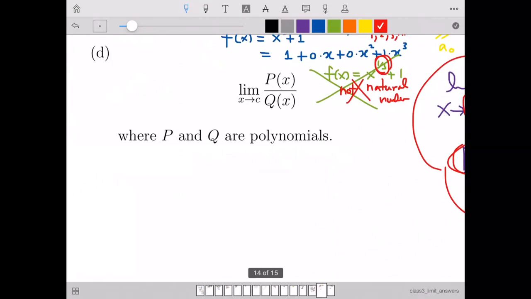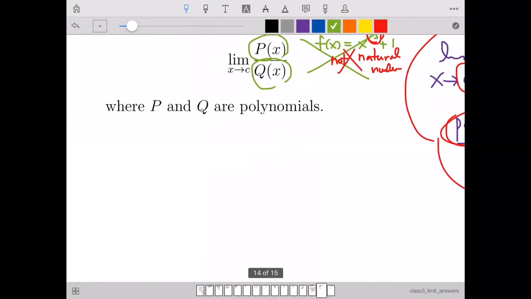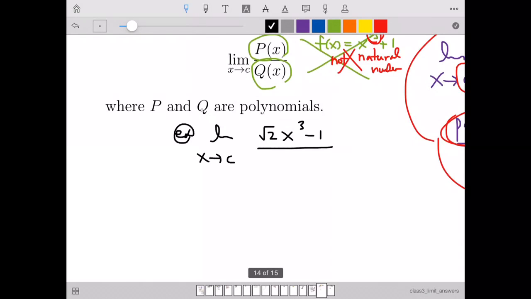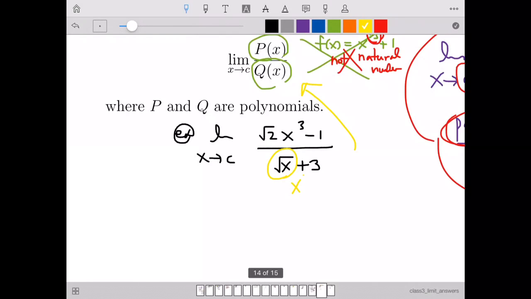Okay, limit of p over q, where p and q are polynomials. This is a polynomial and that is a polynomial. For example, the limit as x approaches c of square root of 2 times x cubed minus 1 over square root of x plus 3. It is not of this form because of this thing, right? That's x to the half.